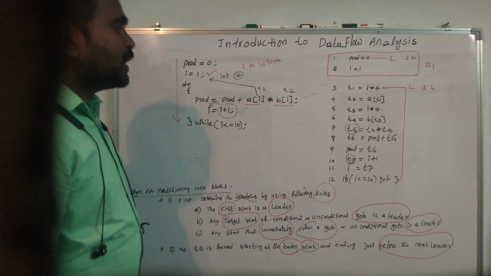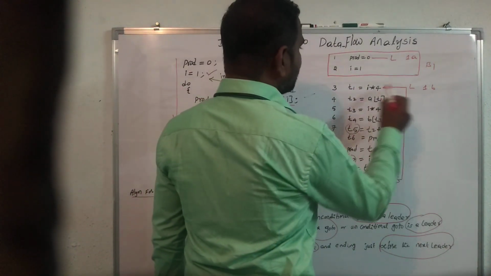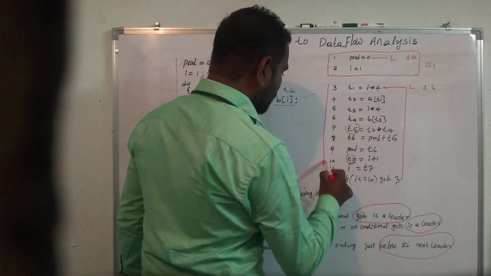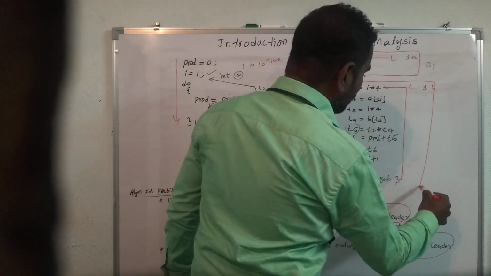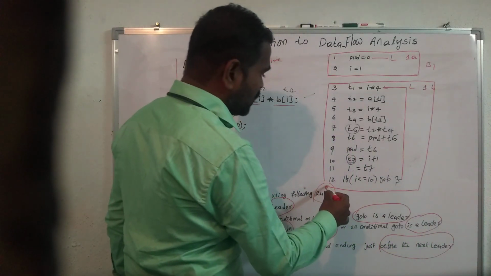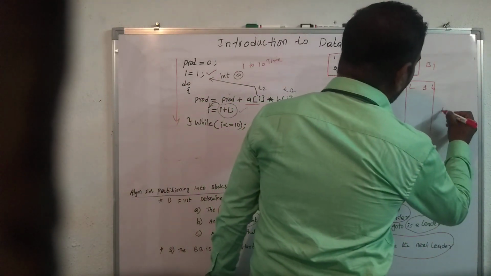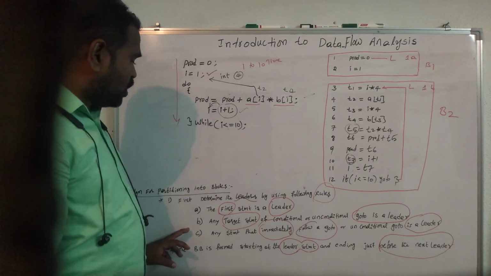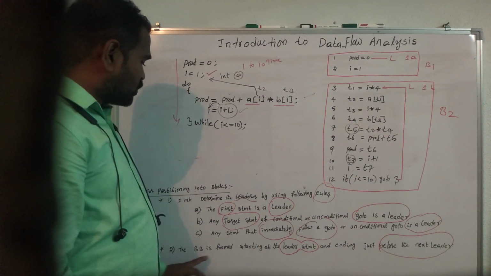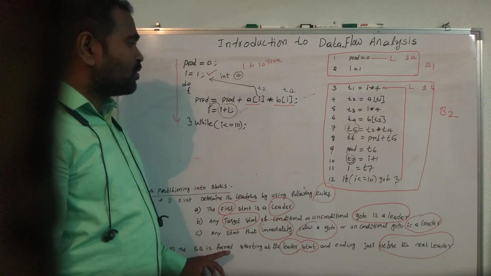The next one starts from this leader and goes up to here. This is another block, block 2. According to rule 2, you have to follow this to form the basic blocks.